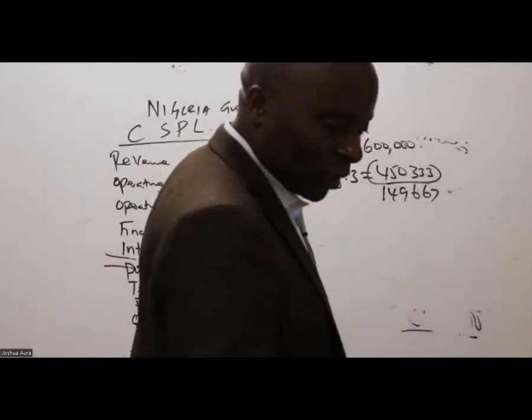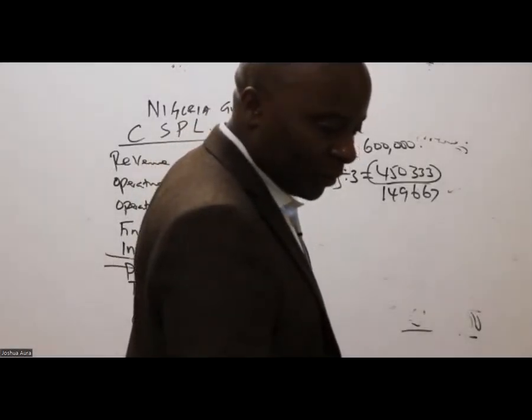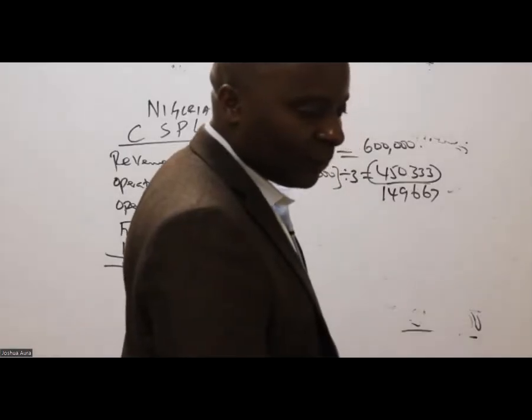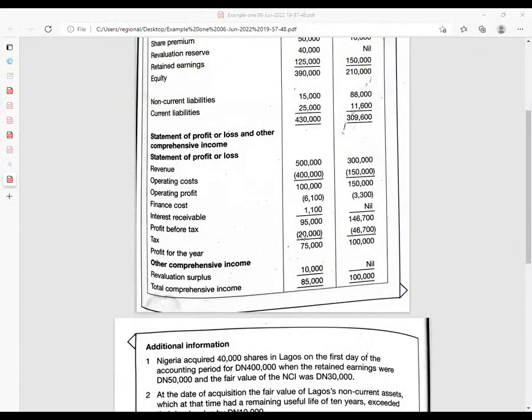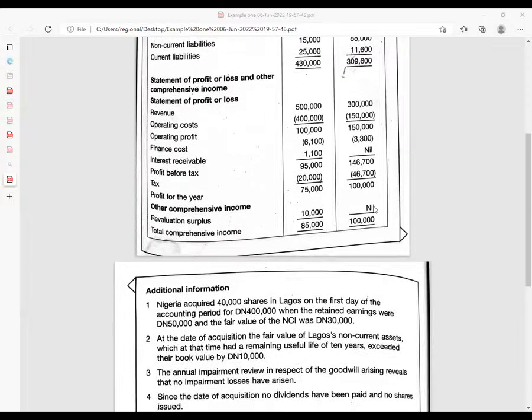The finance cost has been provided. So finance cost, I can see 1,100 plus nil. That's interest receivable. So finance cost is 6,100 plus 3,300.